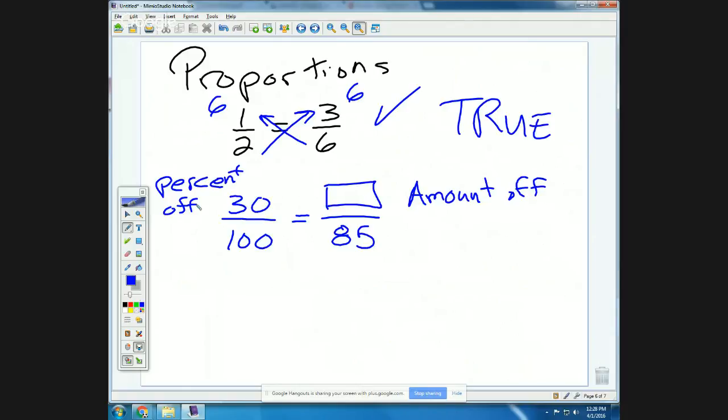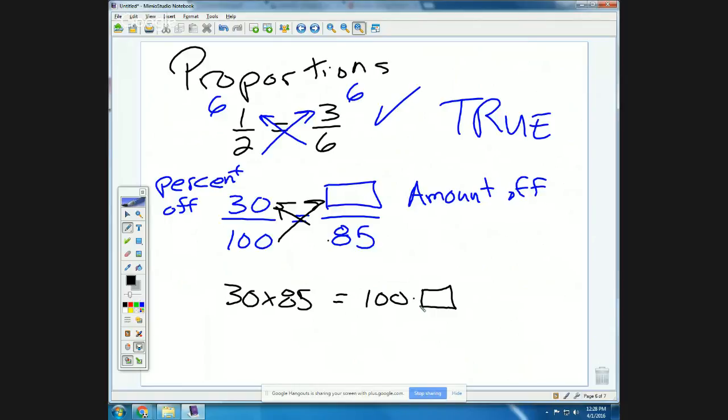Yes, we cross multiply. So we would cross multiply and then we can divide, would be one way to think about it. We'll look at it another way in a second. So that would give me 30 times the 85. And on the other side, I would have 100 box or 100x, whatever you want to call it. And then dividing by that 100 would finish it off.